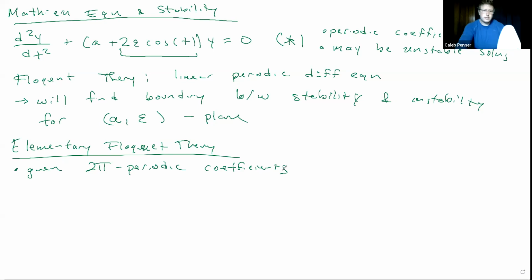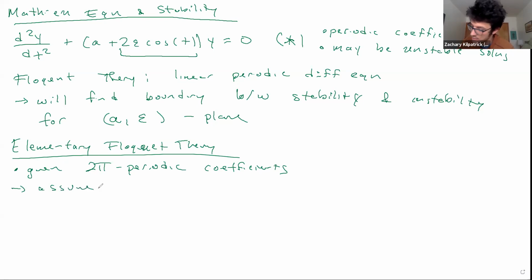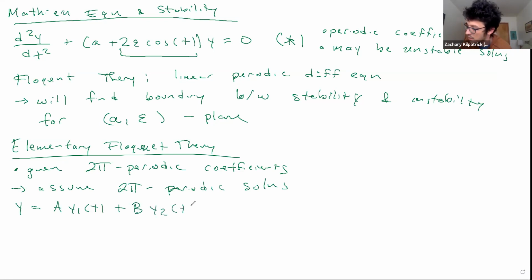Yeah, right. Just like if I have 2 pi periodic forcing, I might expect to have 2 pi periodic solutions. Same thing here, I might have 2 pi periodic solutions if my coefficients are 2 pi periodic, okay?